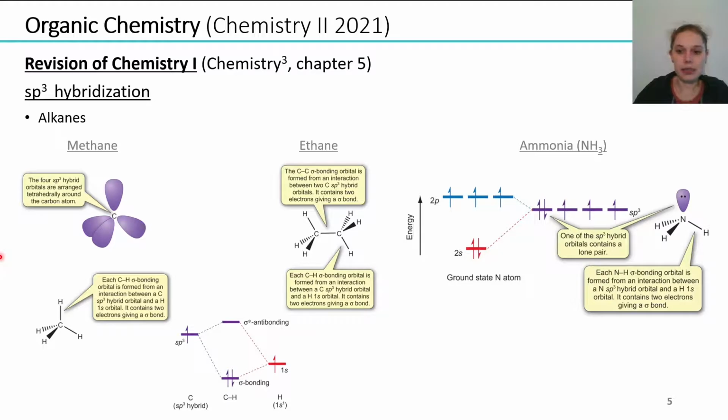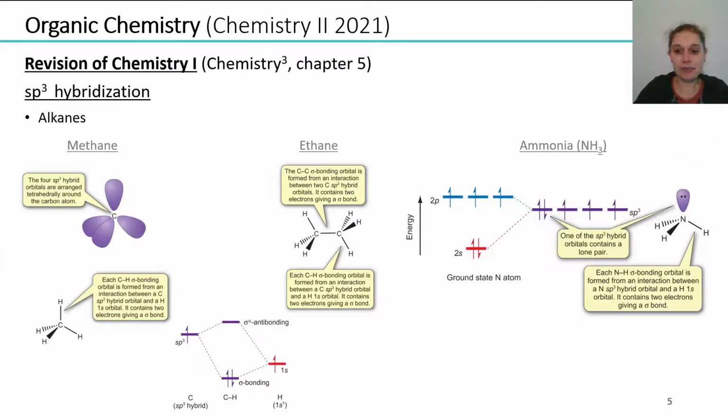And 3 sp3 hybrid orbitals interact with hydrogen 1s orbitals to give the sigma bonds that each contain 2 electrons. So 1 electron comes from the nitrogen and 1 electron comes from the hydrogen. And then we have 1 sp3 hybrid orbital that contains 2 electrons from the nitrogen atom, and this is the lone pair. So you can see this here.